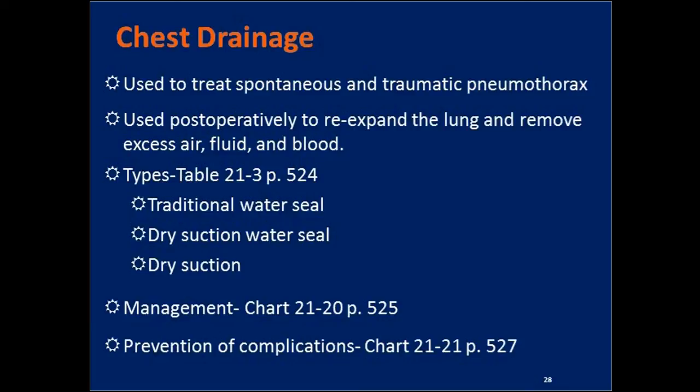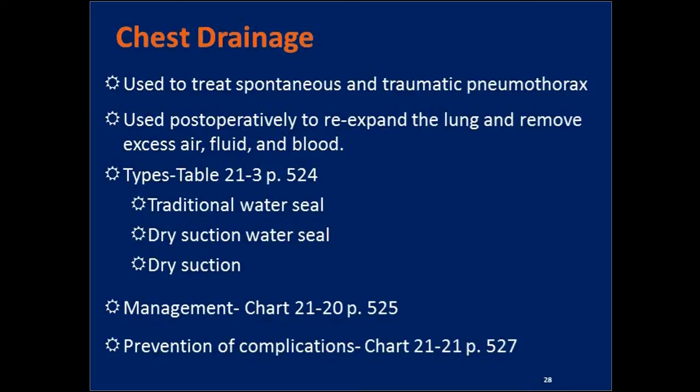So there are 3 basic types of drainage systems. Okay? There's a traditional water seal, the dry suction water seal, and then just dry suction. Those are the 3 different types of chest drainage systems.